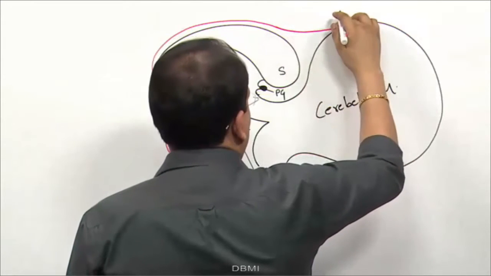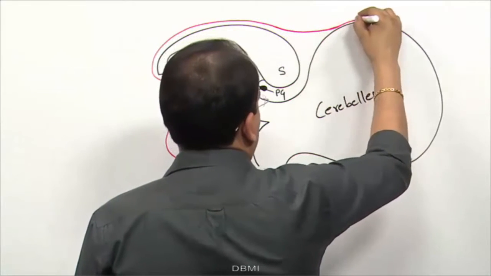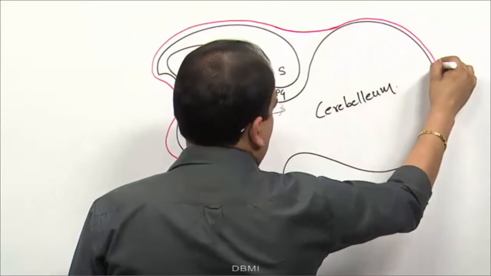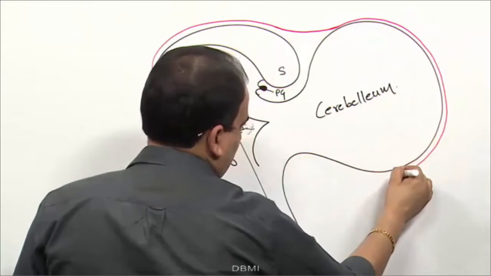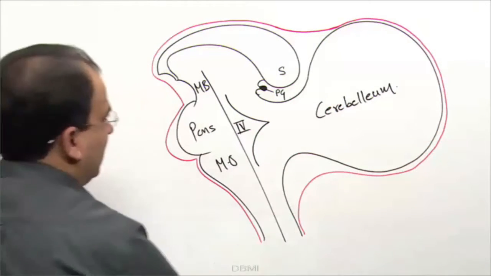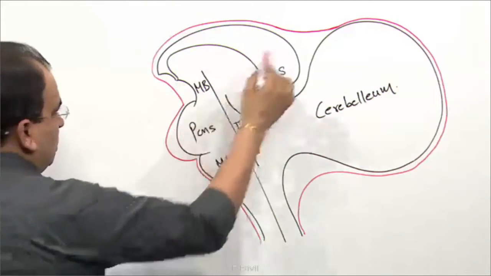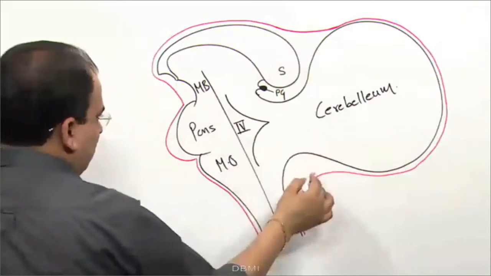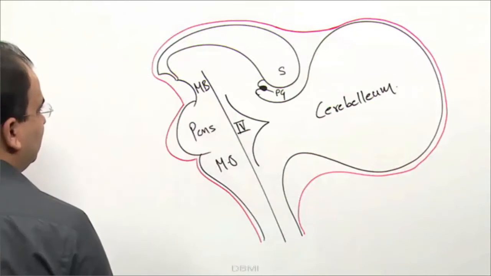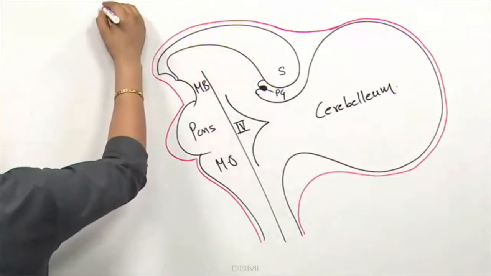Above the cerebellum. And below the cerebellum. Make sure you draw it correctly. 1, 2, 3 and 4. These are the 4 cisterns I can appreciate here. As I said, this red line represents the arachnoid mater.